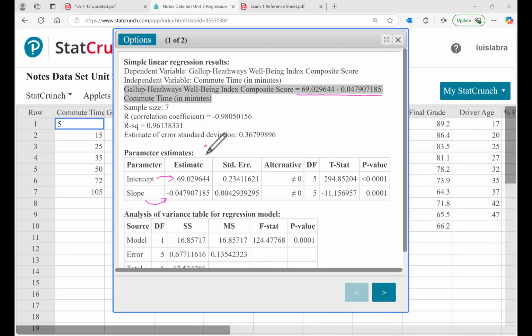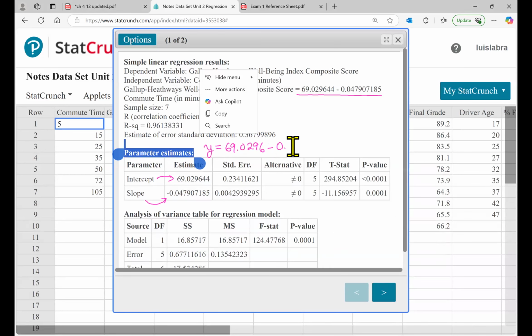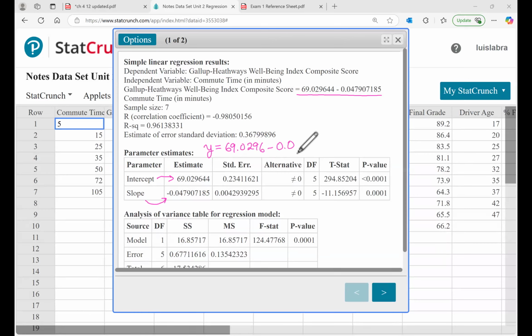So now you can go ahead and write it as the y value is equal to, we always write it as intercept first, 69.0296, minus 0.0479. So that's the slope. The slope always needs to have the x next to it. So we can see that that right there is our equation.